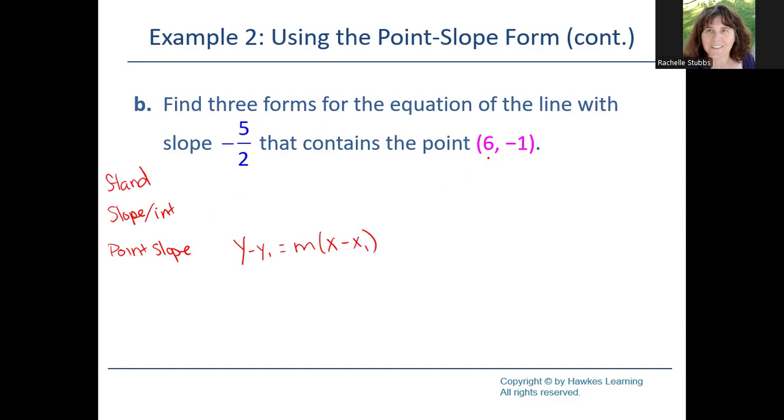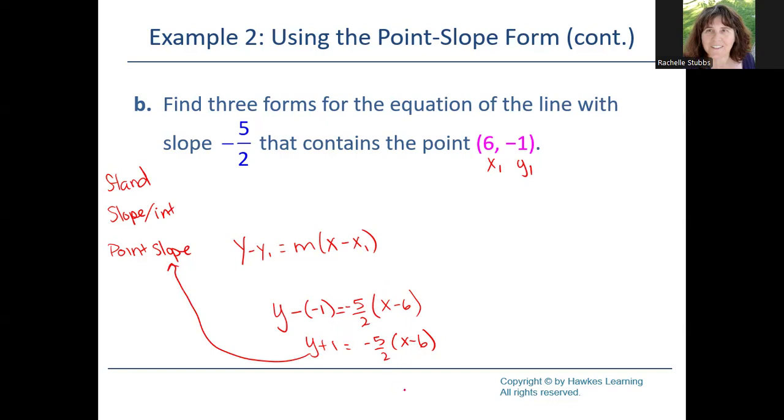And here's our x1, y1. So we're going to have y minus a negative 1 equal to a negative 5/2, that's our m, times x minus 6. And just to clean that up a little, that would be y plus 1 equals negative 5/2 times x minus 6. So that is point slope form.